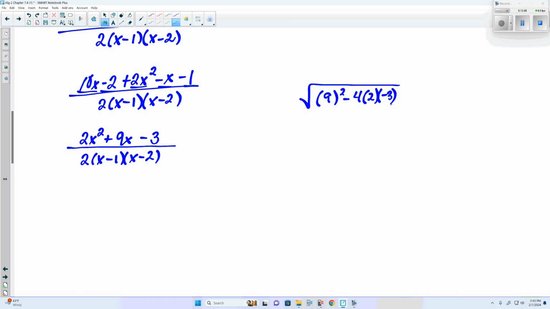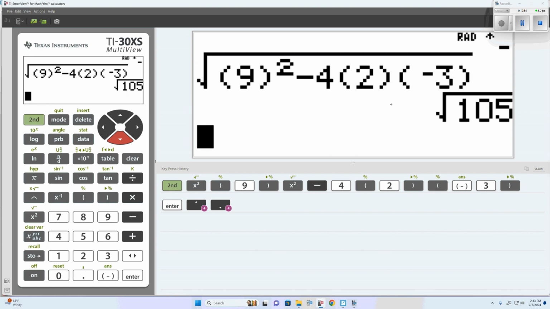If this gives us a whole number, then it is factorable. Incidentally, it's still plugged in from earlier, and it gives us the square root of 105.